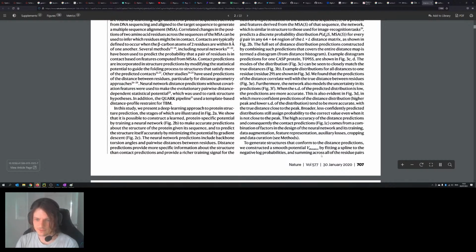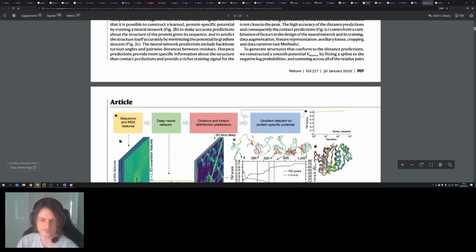So this is saying the distance is found by fitting a spline to the negative log probabilities and summing across all of the residue pairs. Okay.